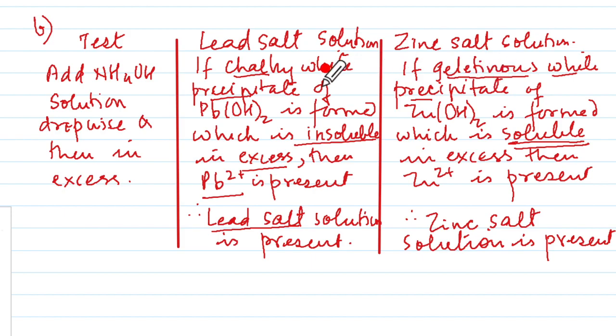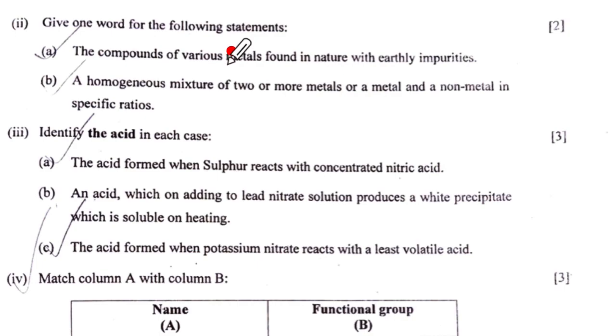So both places there is a white precipitate, but here it is insoluble and here it is soluble. Then we say that Zn2 plus is present, so zinc salt solution is present, and that should give us 1 mark.